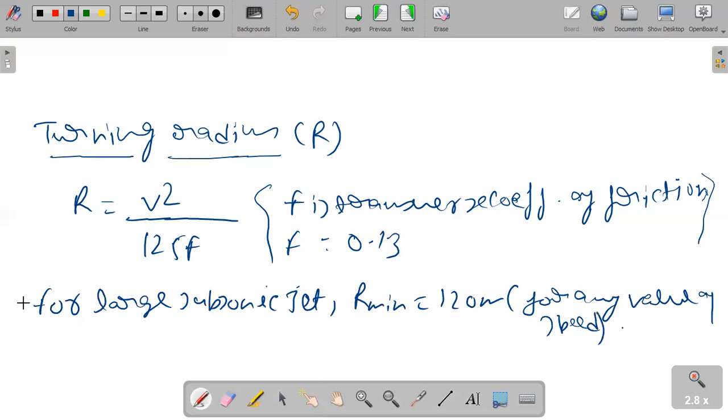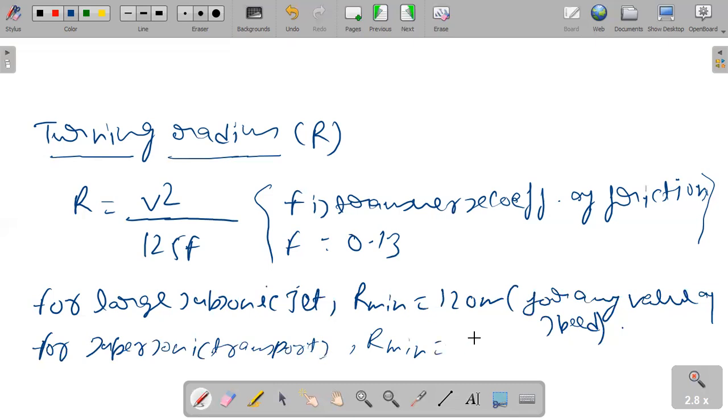And for supersonic transports, R minimum is equal to 180 meter, also for any value of speed.